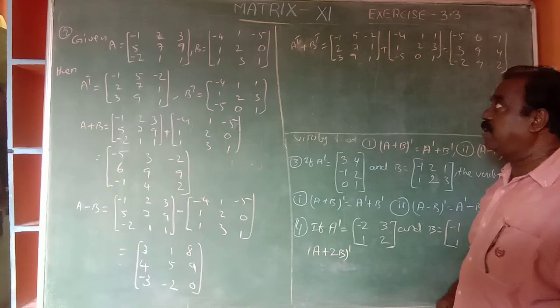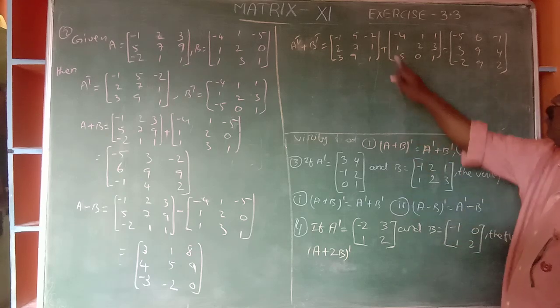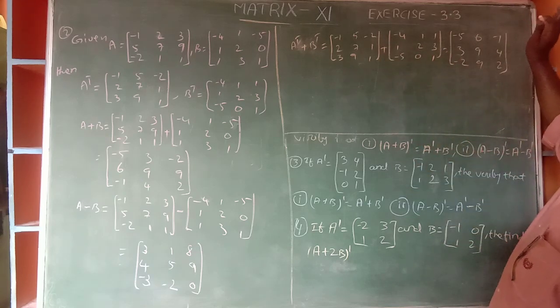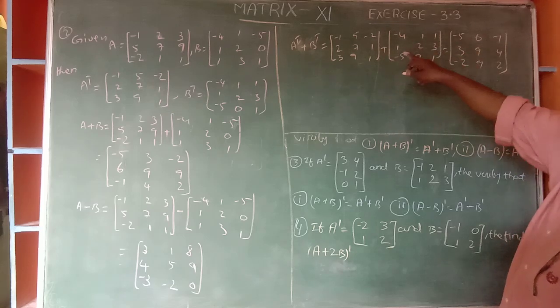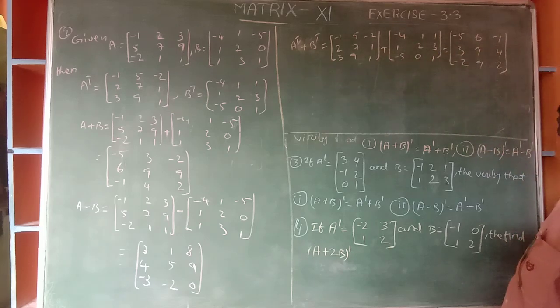Once again you verify whether it is correct or not. Minus 5, minus 5, minus 4, minus 1. 5 plus 1 is 6. Minus 2 plus 1, minus 1. 2 plus 1, 3. This is 9 and 4. Yeah, okay.